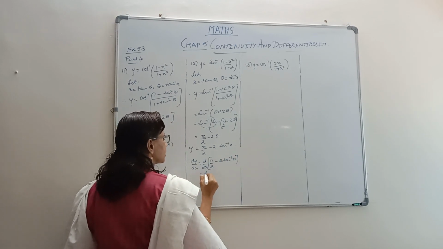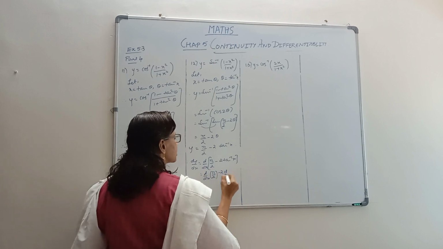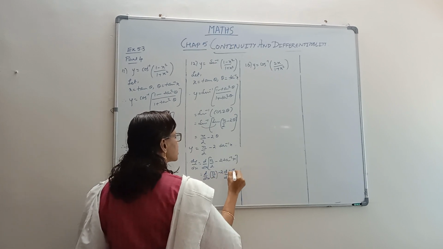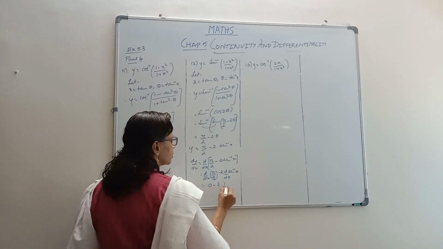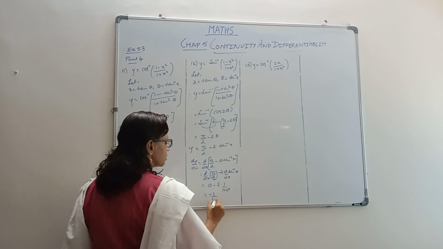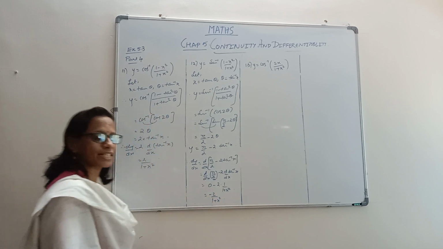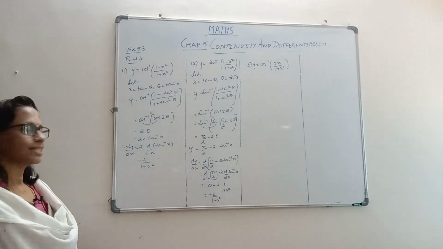That is derivative of pi by 2 minus 2 times derivative of tan inverse x. Pi by 2 is a constant, so derivative is 0, and the derivative of tan inverse x is 1 by (1 plus x squared). Your answer is minus 2 by 1 plus x squared. It's a minor difference between both of them. One minus has come. That's about it.